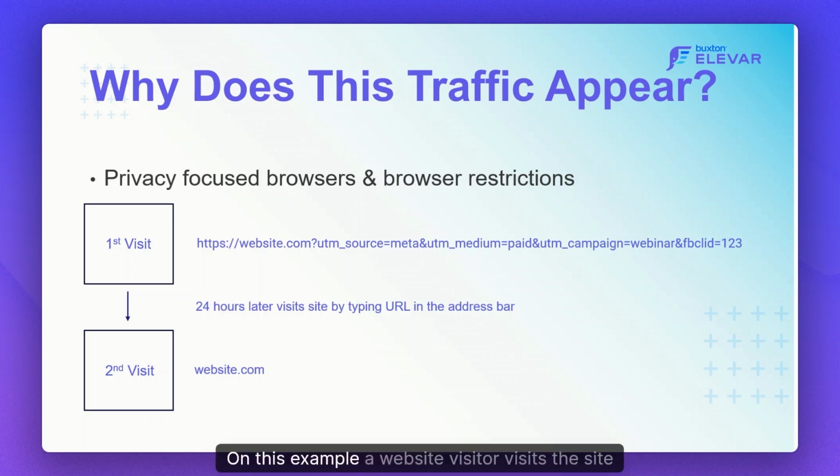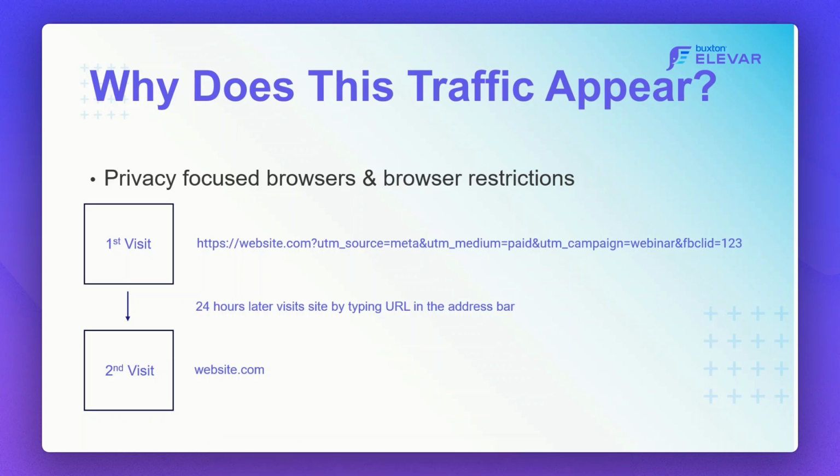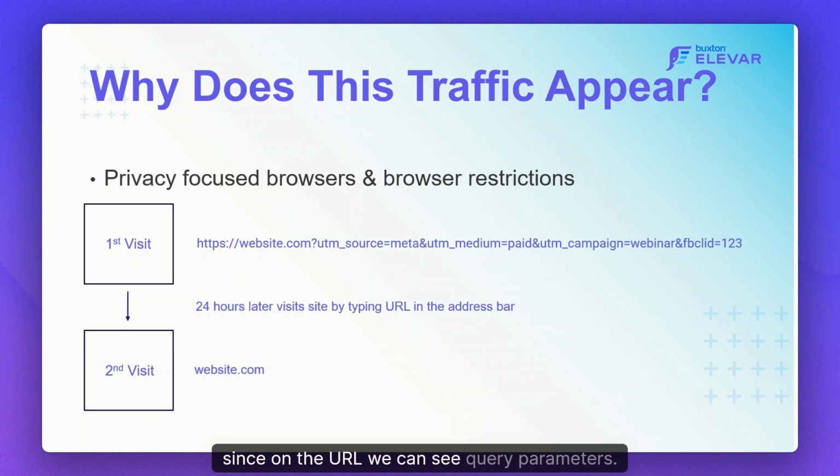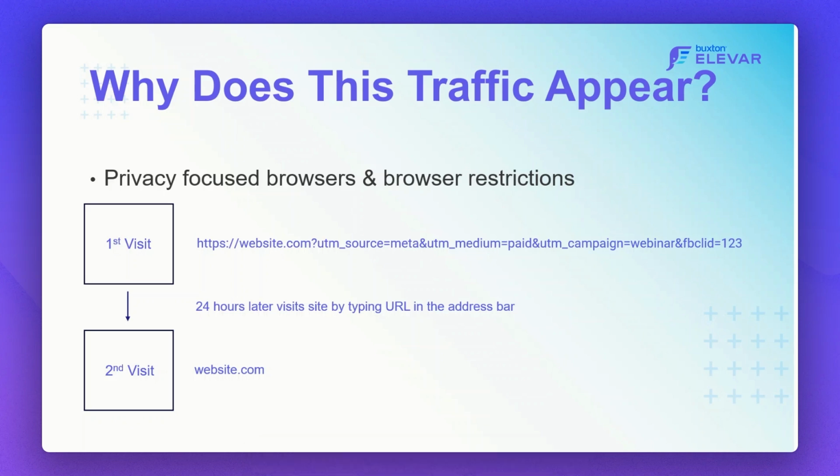Here, in this example, a website visitor visits the site via Facebook ads first time. Since on the URL we can see query parameters, Safari browser will delete first-party cookies set using document.cookie method in 24 hours. Now, after 24 hours, when the same visitor visits the site by typing URL in the address bar, the following three things will happen.